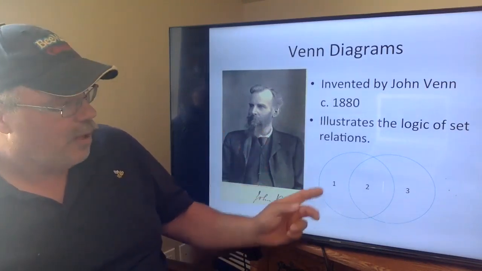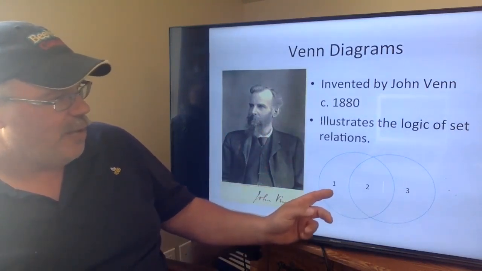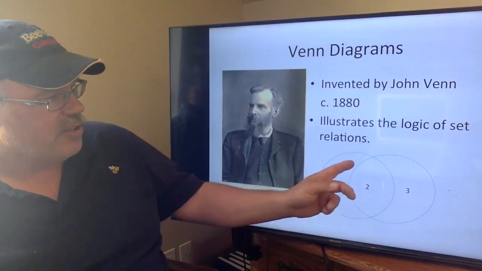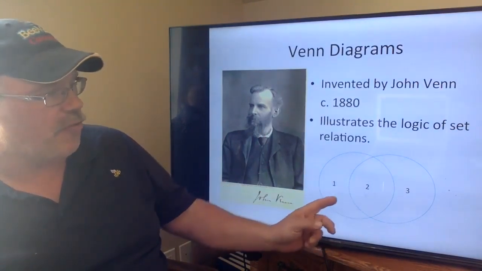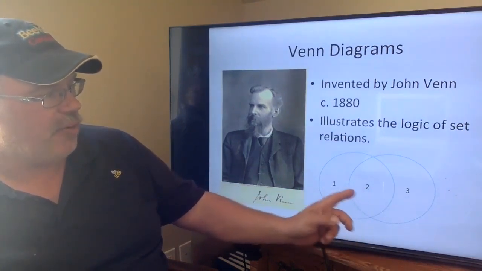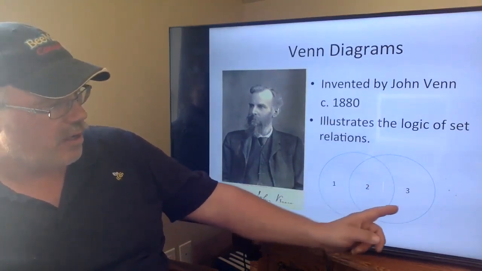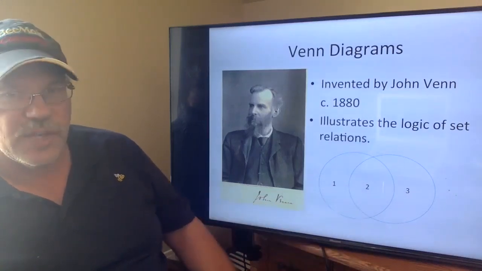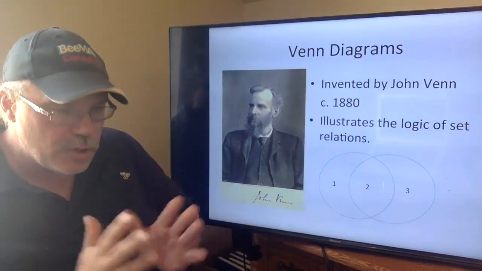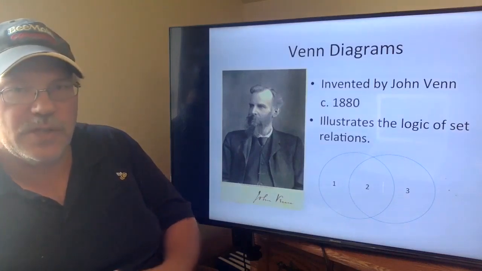I don't know. But he recognizes that there's something region 2 has that's unique from 1 and 3, in that region 2 describes the intersection of those two sets. So this is a very visual way of representing this logic.